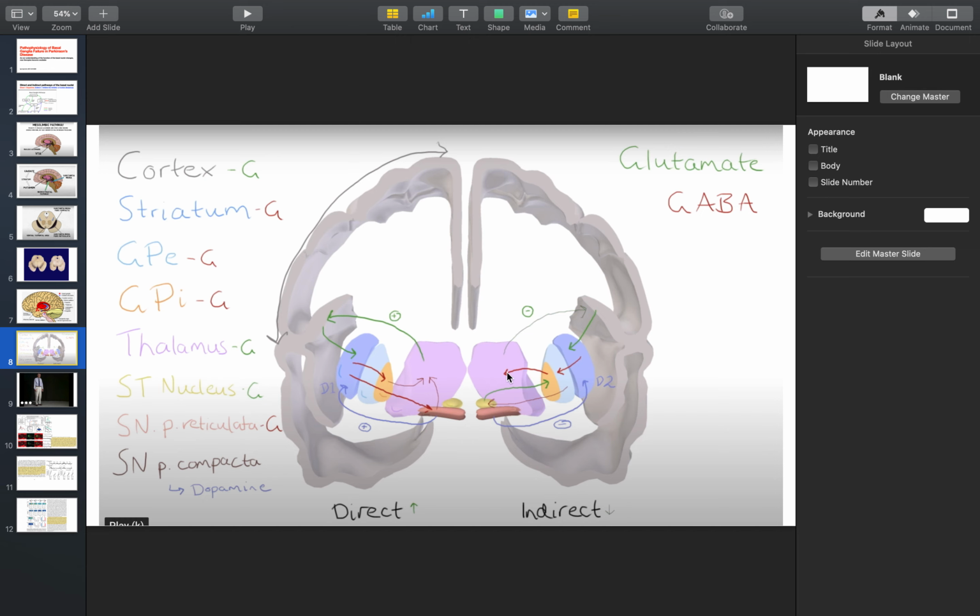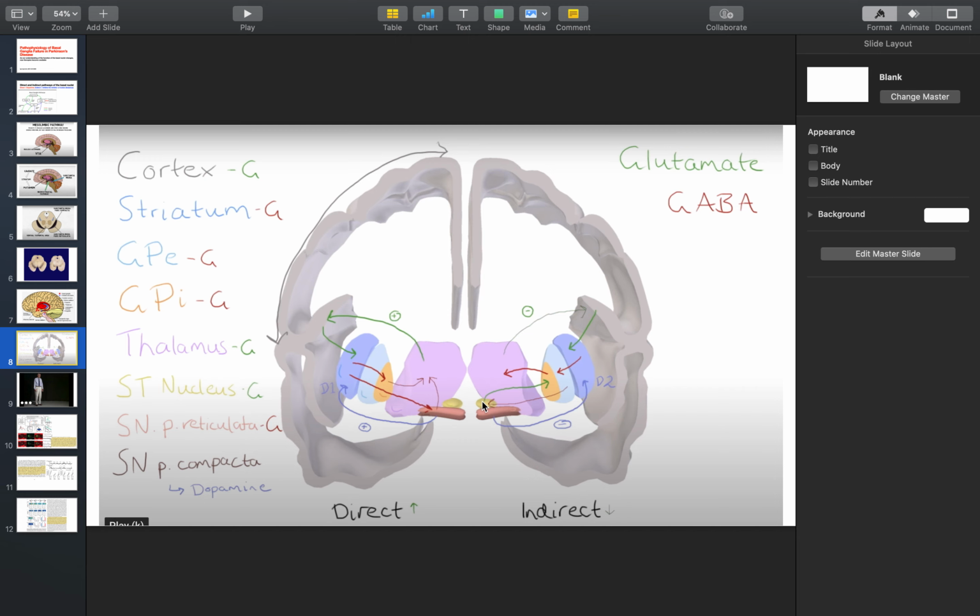goes on to the thalamus through the globus pallidus internal. And then since GABA inhibits the inhibitory, you get increased movement, just not as much, right?